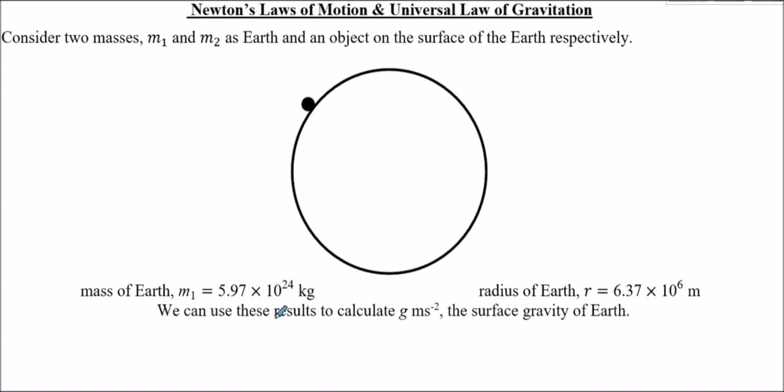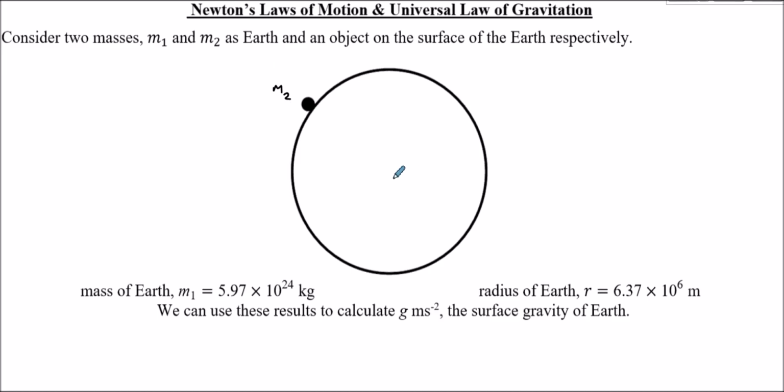And we can use these results to calculate g, which is the acceleration due to gravity, to work out the surface gravity of Earth. Okay, so we can work out the size of the force. So this here is M2.